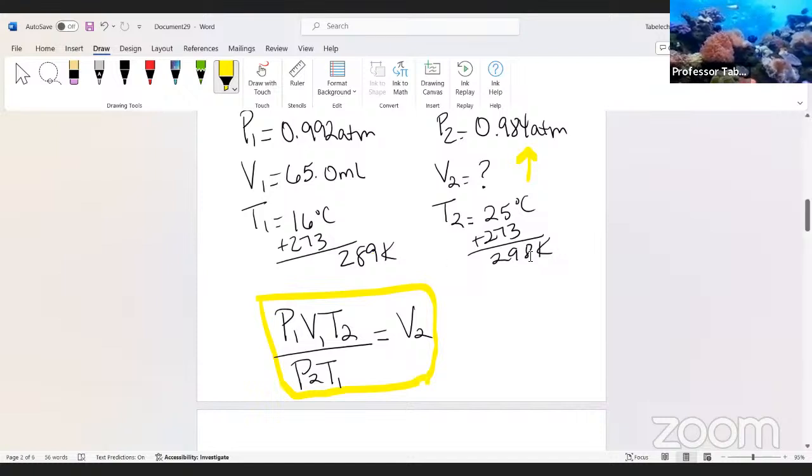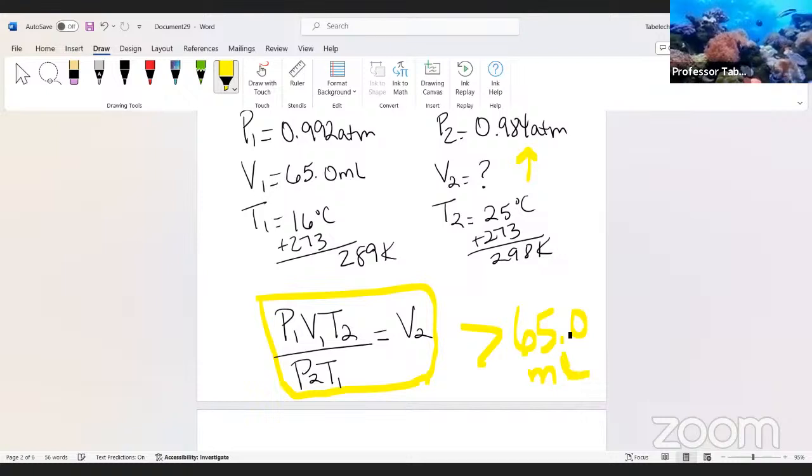So in this particular case, I can guesstimate that our volume will also increase, okay? So the number or the answer that I'm going to be searching for, if I were doing this as a multiple choice answer, I would need to look for a number greater than 65. So the predicted answer must be greater than 65.0 milliliters.